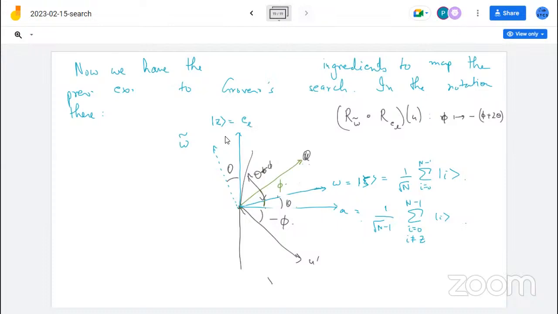So in this case, pi goes to pi plus 2 theta. Each such reflection rotates you in the correct direction. If you assume that you started off in the first quadrant, then you rotate by 2 theta towards your answer, whatever the theta was in this case.